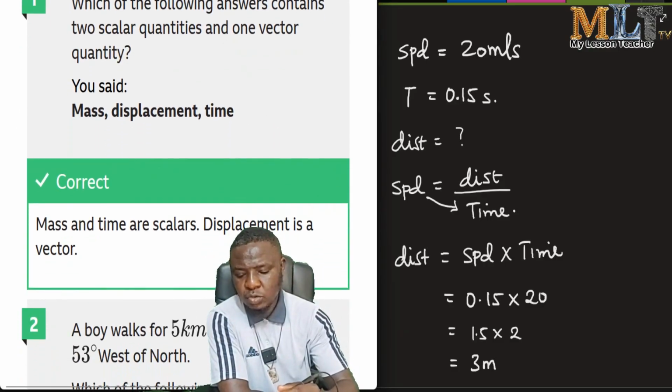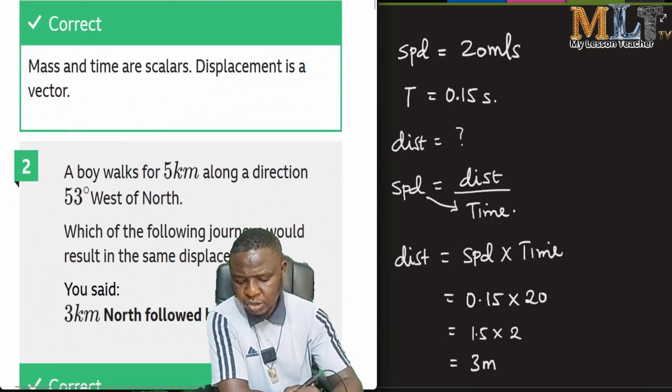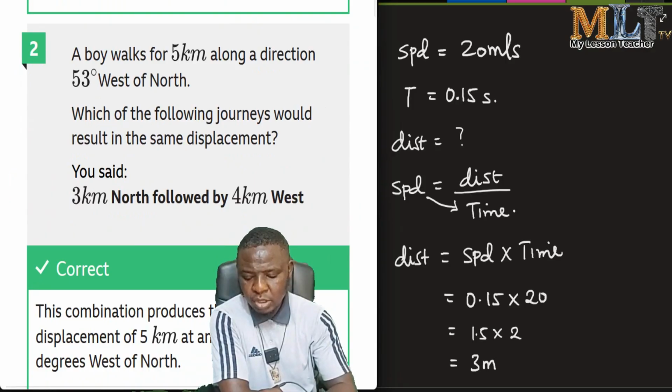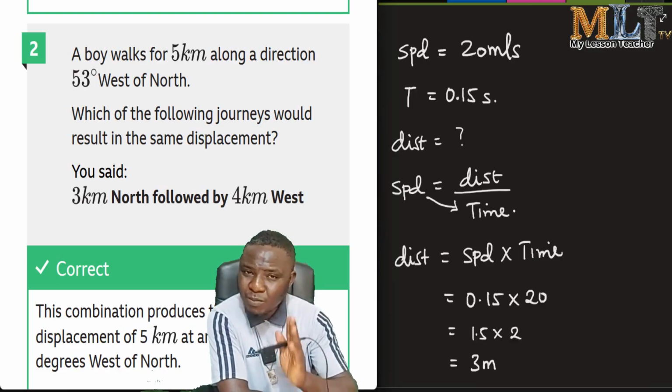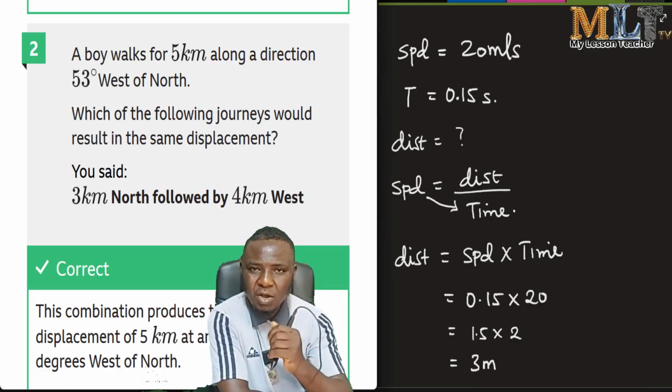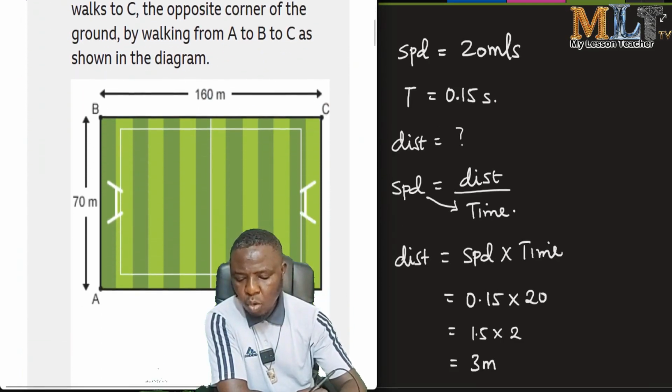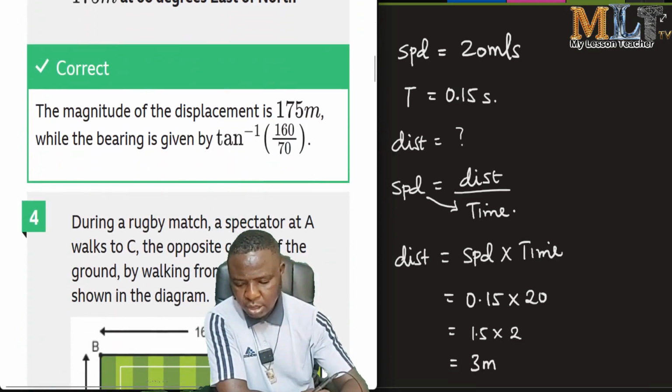Which of the following contains two scalars: mass, displacement, and time, which is C. And also this, remember I was talking about 3 kilometers north followed by 4 kilometers west. I was actually looking out for this answer, and I think we got it right with a good understanding of vectors and scalars. So we got them all correct.